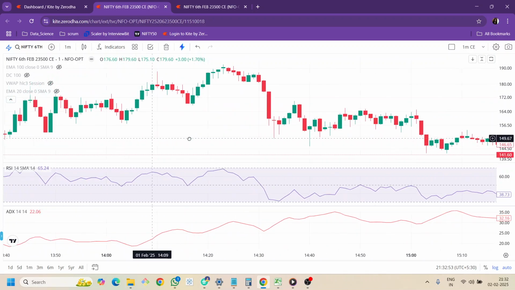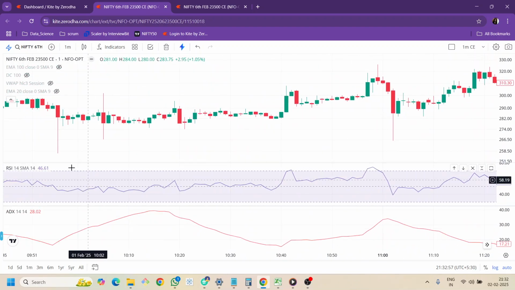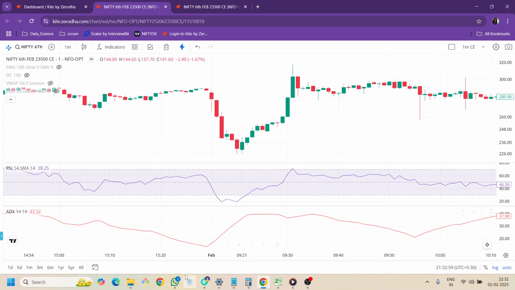For example, just go back to 9:30. This is February 1st, yesterday. Up to 9:30, don't take any action. I know 9:15 is when the market starts. For that first 15 minutes, just observe how the market is moving.